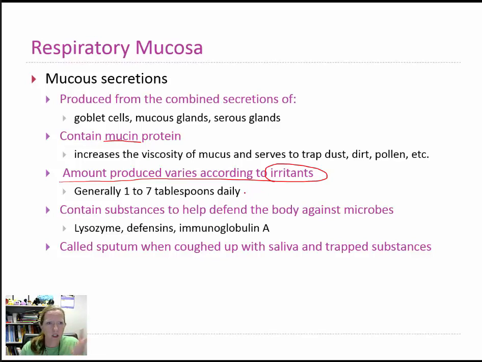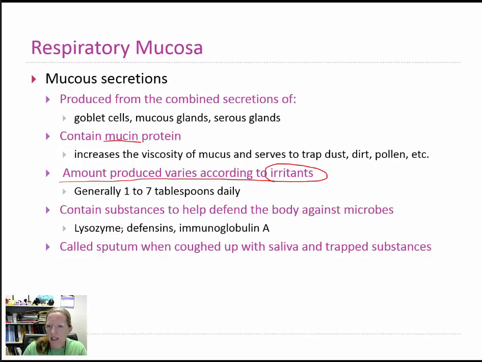So instead of the cilia moving it to the back of your throat, to the back of your pharynx, it is going to run out of your nose because of how much you are going to produce. Also, when you're crying, you can produce a little bit more, but a lot of times you're not only producing more mucus, you're producing tears as well, that are flowing down through the ducts.